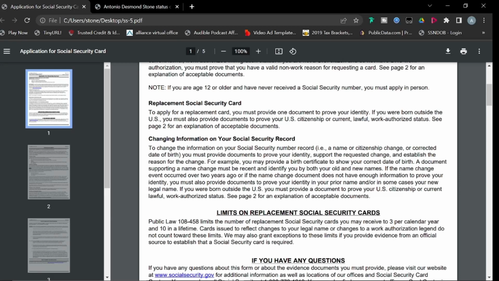So I'm going to try to make this easy for everybody to understand, because that's my goal when I present something, when I'm trying to mentor someone. So we're going to jump right into this. What we have here is the change of information of Social Security record. You see that? They have it in the application.